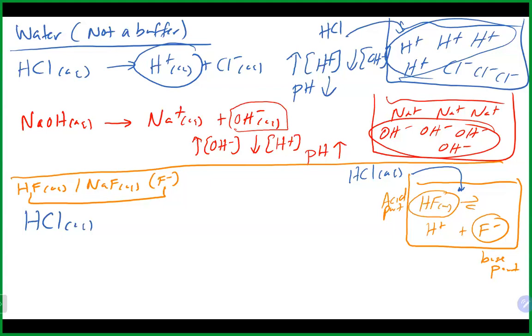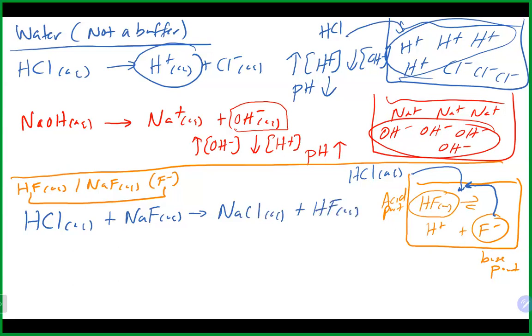So when I toss my acid in there, it's going to be greeted by the base part of the buffer in this case, and we're going to get a reaction between hydrochloric acid and sodium fluoride, which is the base part of the buffer, and we're going to make some sodium chloride and some HF.